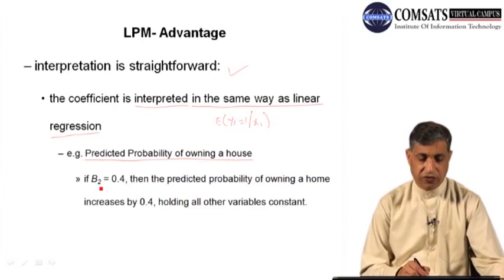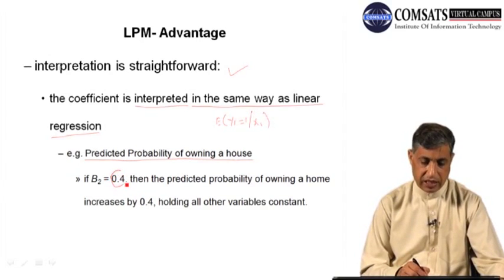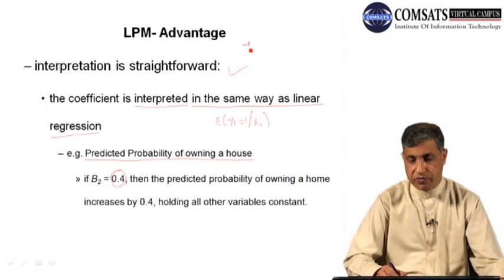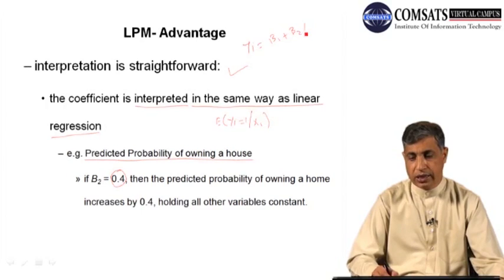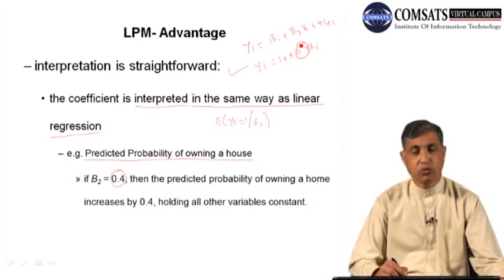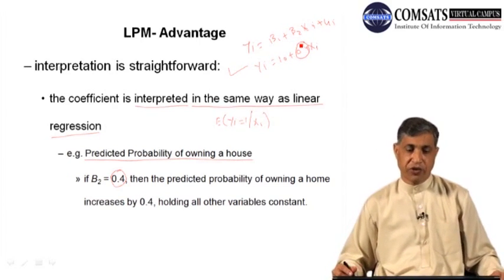Suppose this was our previous model: yi is equal to beta 1 plus beta 2 xi plus ui. For example, yi is equal to 10 plus 0.4 xi. So now our purpose is to explain that beta 2 is now 0.4.